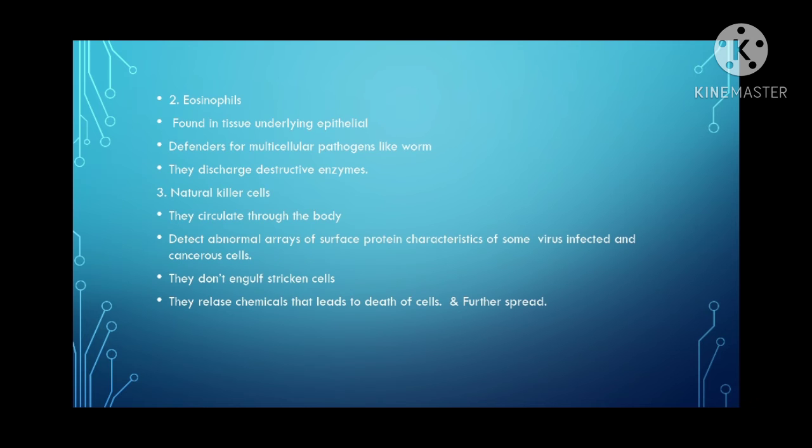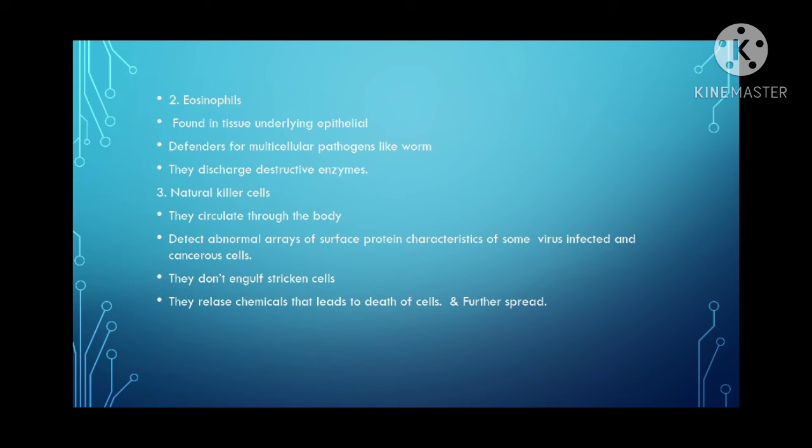Second are eosinophils. These are found in tissue underlying the epithelial layer of the body. Okay, and these are defenders against multicellular pathogens like worms. They discharge destructive enzymes which destroy the pathogens.